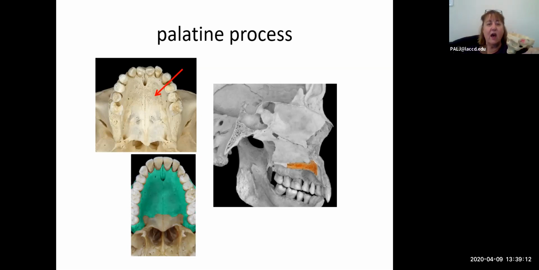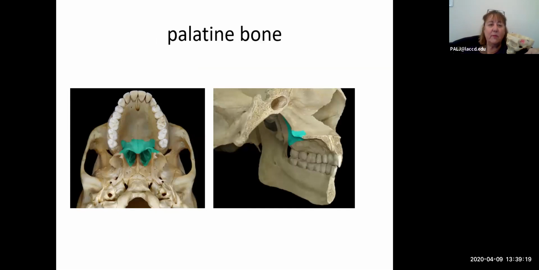So what is the other 20%? Well, the other 20% is a little bone on each side called a palatine bone. So yes, we have two maxillary bones and we have two palatine bones. Okay, so your hard palate is made of the palatine process of the maxilla and the palatine bones.